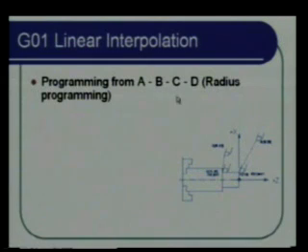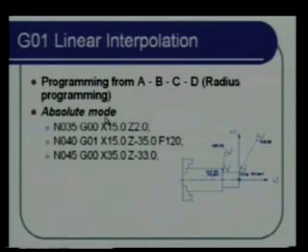Okay, programming from A, B, C, D. We are assuming it to be radius programming. So in absolute mode, what we are going to have, G00, X15, Z2, so that is this coordinate, and then from there G01, so we will specify X and Z, that is the endpoint of this, and also make sure you are specifying the feed rate because it is G01, and then from there you come back because it is rapid, so we will say G00, then we say whatever is going to be the coordinate.